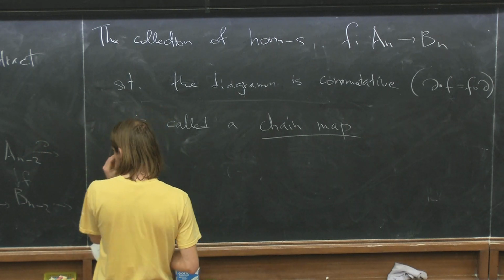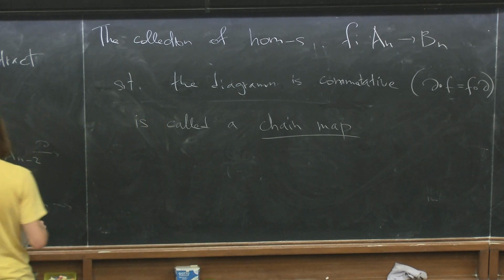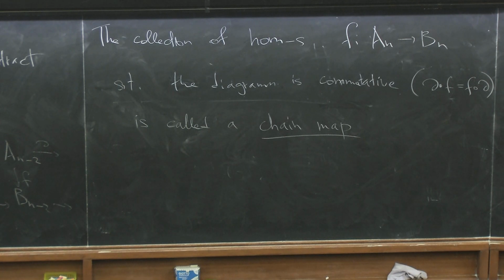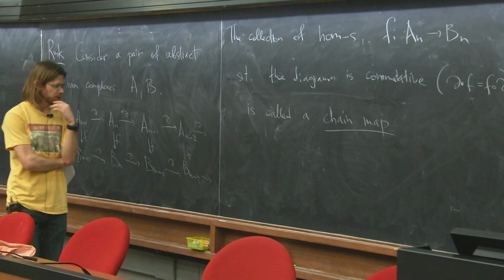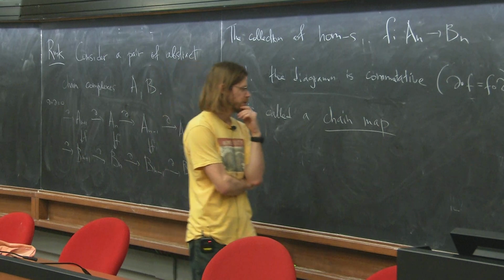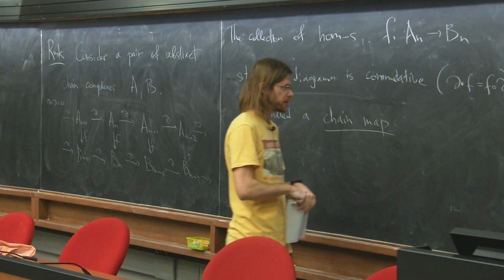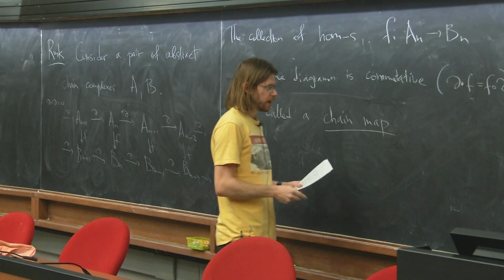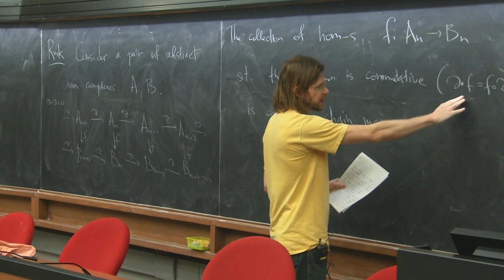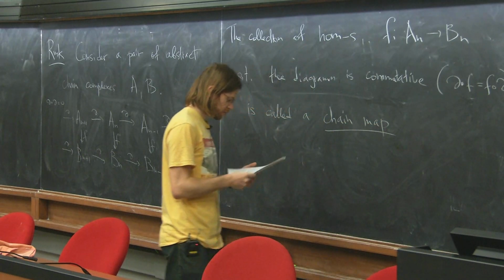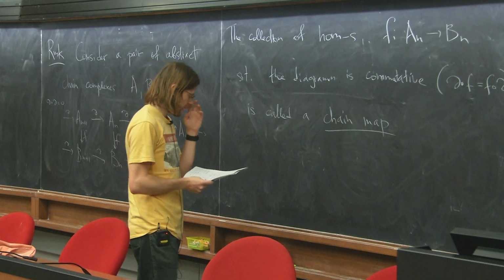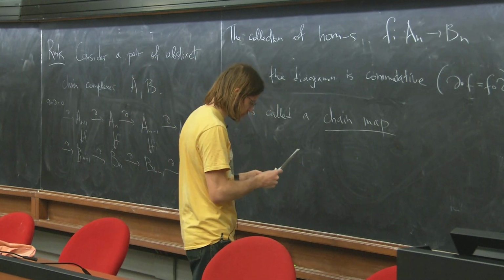So we had a particular example of a chain map where A and B were singular chain complexes associated to two topological spaces, and this F was what we denoted F sharp, the map induced from F, where F was a map from X to Y. And we indeed showed that in this case, our F sharp satisfied this property. And essentially, this property was enough for us to define the induced map on the corresponding homology groups.